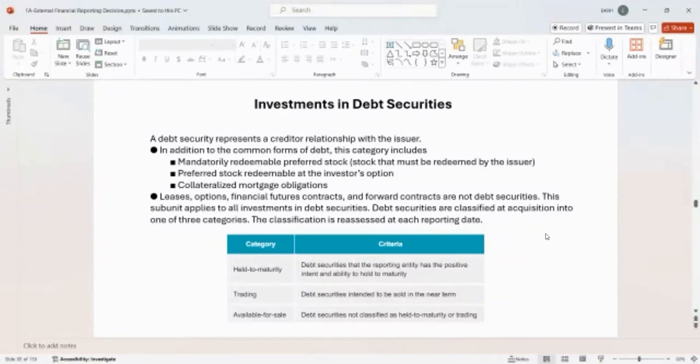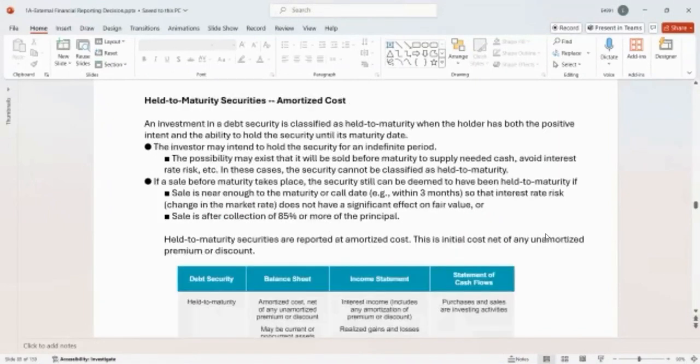Trading: debt securities intended to be sold in the near term. Available for sale: debt securities not classified as held to maturity or trading.